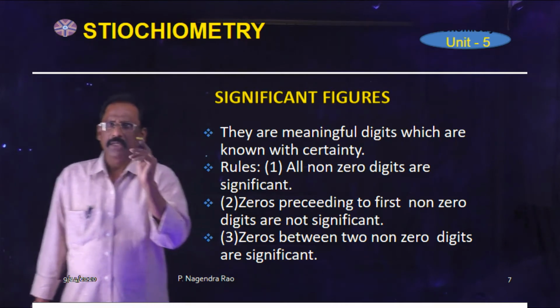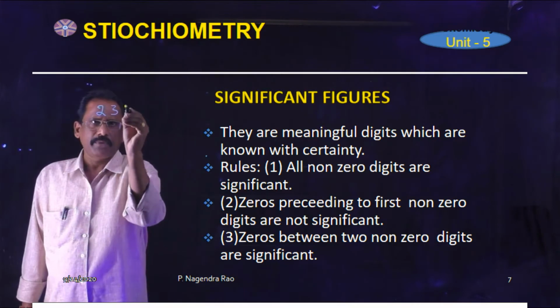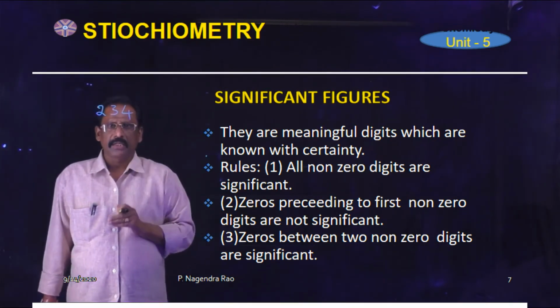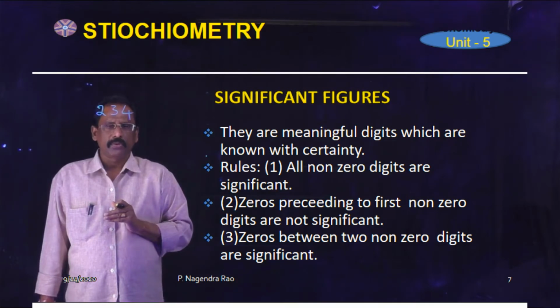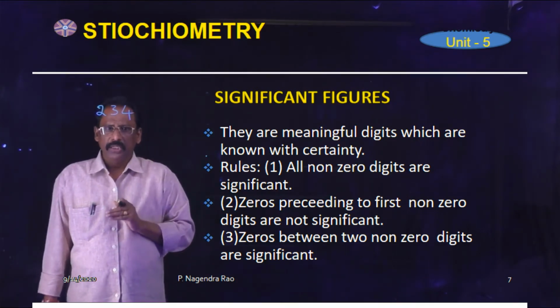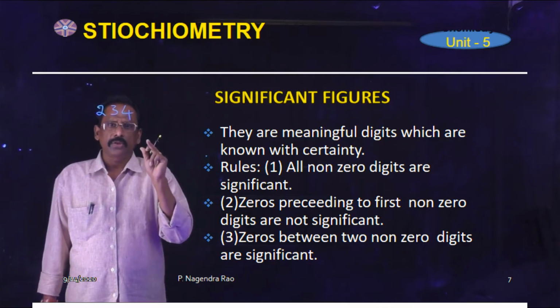For example, if the value is 234, how many significant figures are present in 234? One of the rules in the calculation of the number of significant figures is that all non-zero digits are significant.